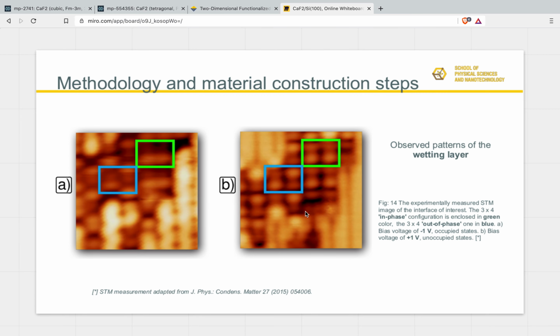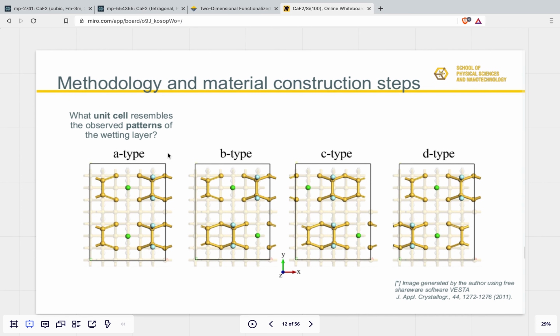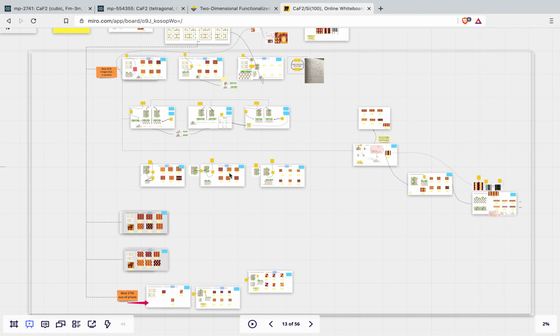There are 2 kinds of patterns observed in the reported STM images. We called them in-phase and out-of-phase configurations, here in green and blue respectively. But what unit cell resembles the observed patterns of the wetting layer? Well, to recreate them, we proposed different combinations which resulted in a tree of possibilities we will be discussing in a minute.